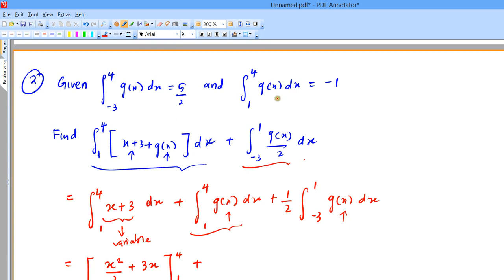For the second piece of information, the integral of g(x) dx from 1 to 4 equals -1, so we can put -1 here.